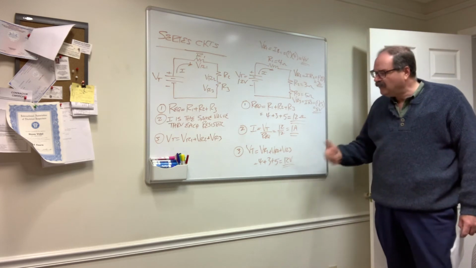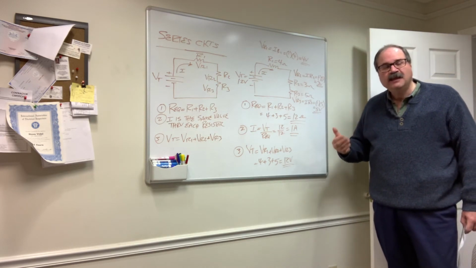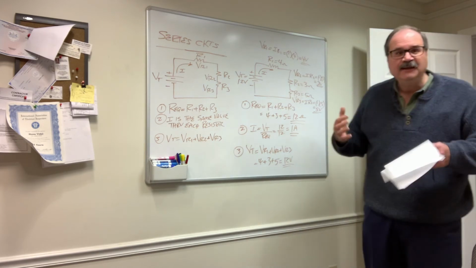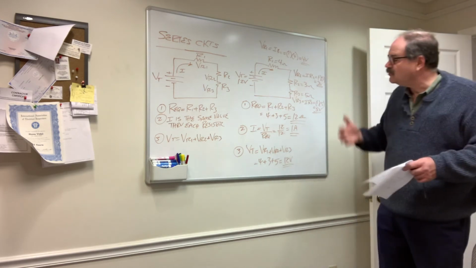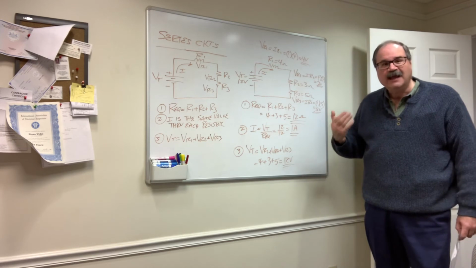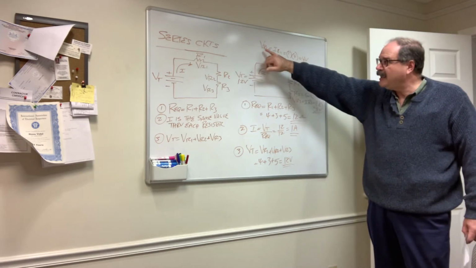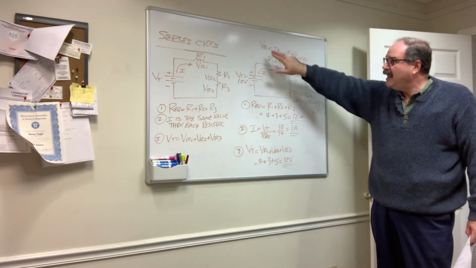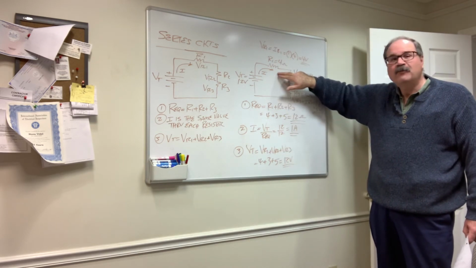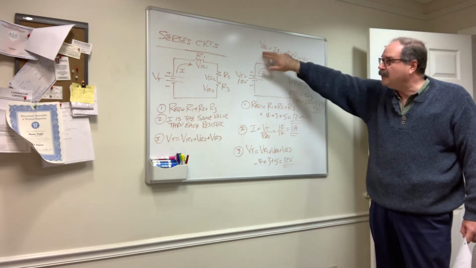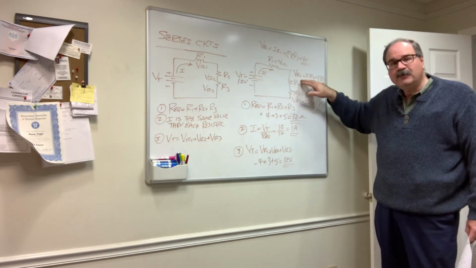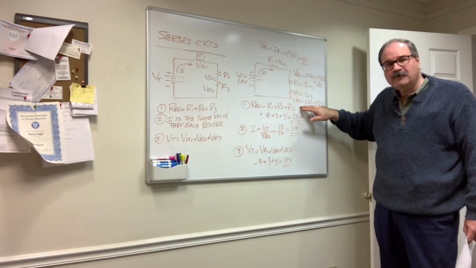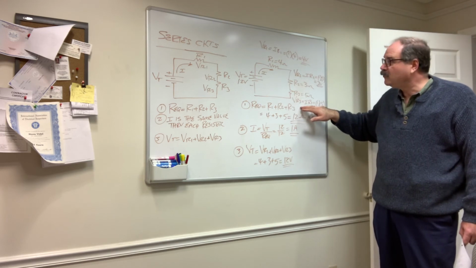The last step is to calculate each of the individual voltage drops. And then we have to add these together to see if they do equal the supply voltage. So again, using Ohm's law in a different form, this time V is equal to I times R, current times resistance. I'm going to designate the voltage drop across resistor 1 as VR1, the voltage drop across resistor 2 as VR2, and the voltage drop across resistor 3 as VR3.